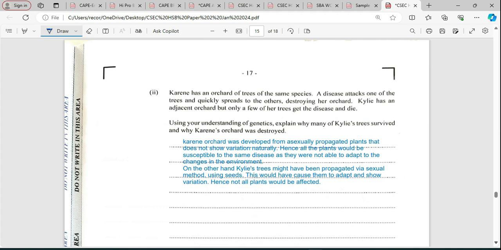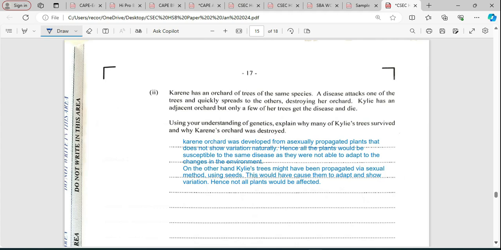Kaylee has an adjacent orchard, but only a few of her trees get the disease and die. Using your understanding of genetics, you are supposed to explain why many of Kaylee's trees survived and why Karen's orchard was destroyed. This is not so bad.